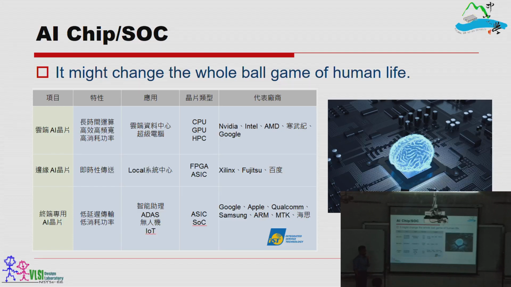But right now there is still a big problem for the AI chips. I will talk about that later. We have cloud AI, edge AI, terminal device AI. So what is the ultimate problem for AI? It is power. Power is a problem. We'll talk about that later.